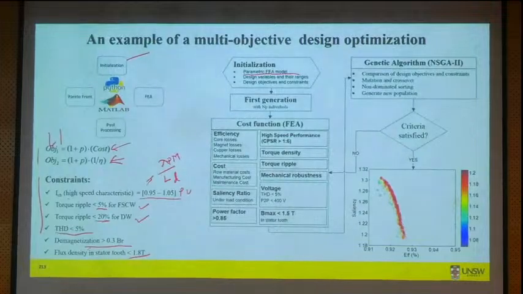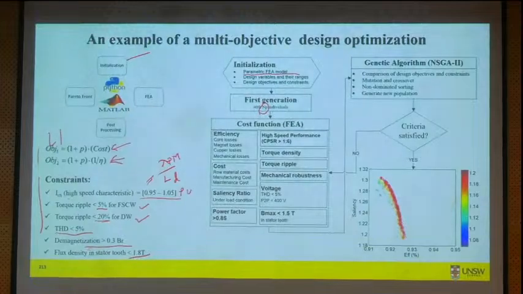And with that, you generate your first generation for a genetic algorithm. Okay, it could be up to hundreds of designs. So it depends on how many you can set that up. Okay, how many individual designs you want to generate as a first generation.